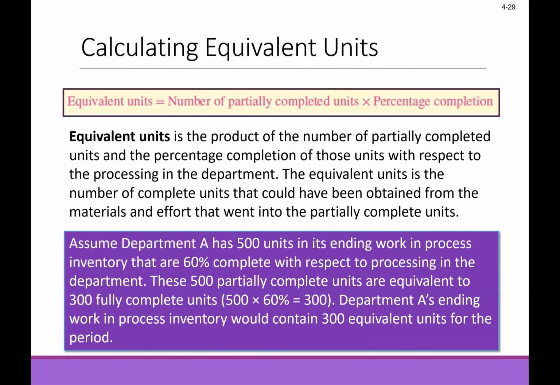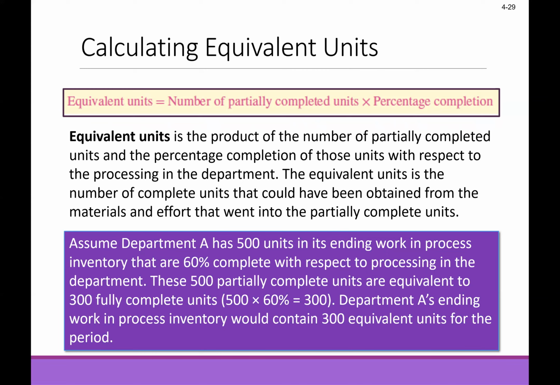So equivalent units is going to equal the number of partially completed units times the percent of them that are completed, to come up with a pro rata figure. The equivalent units is the number of complete units that could have been obtained from the materials and effort that went into the partially completed units.